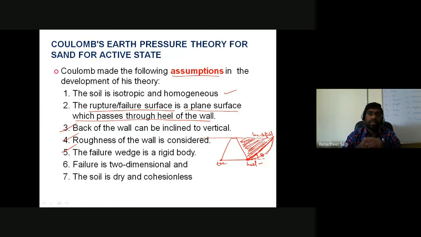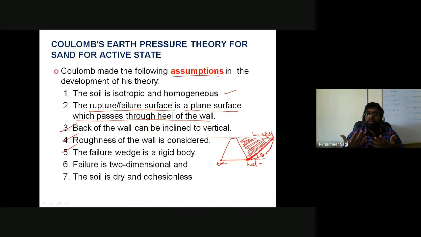So depending on how your soil wedge is getting displaced, whether downward or upward, we are going to look at the equilibrium of that particular soil wedge, because we are not talking about the failure in the soil, just the verge of failure in that particular soil medium.